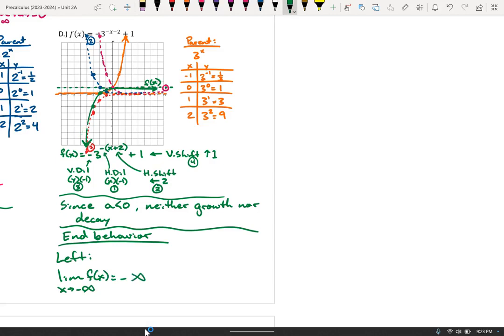So definitely -infinity there. On the right, the limit as x approaches +infinity of my function should be equal to my horizontal asymptote. As I'm going to the right, I'm equal to my horizontal asymptote of +1.